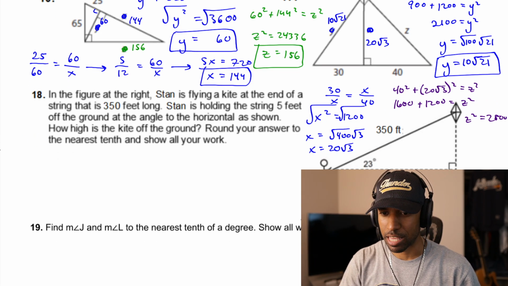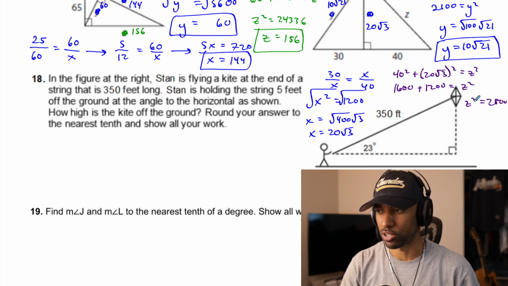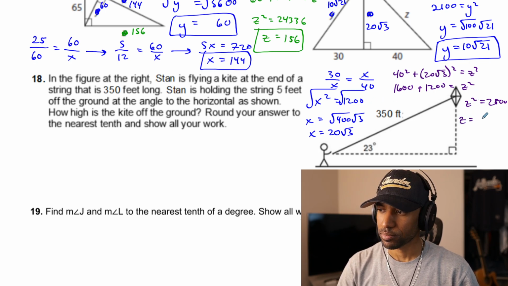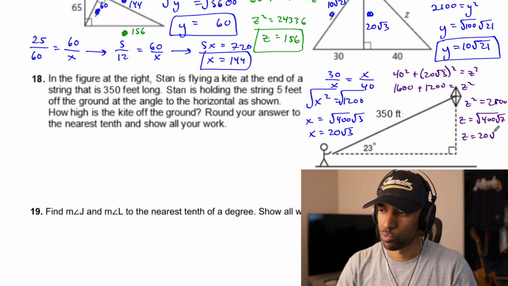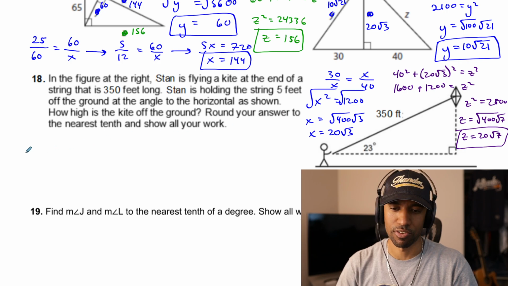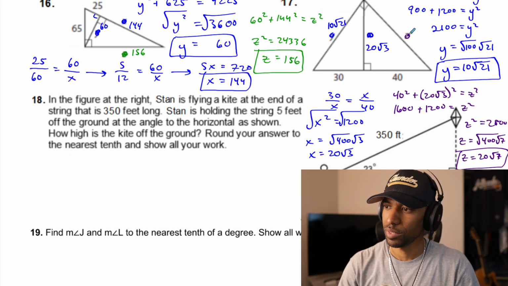I can factor out the 400 again. So z is the square root of 2800, which is root 400 times root 7. 400 times 7 is 2800. So that'll give me 20 root 7. That is a 7 right there. That's my final answer for that one, 20 root 7. And we're off.